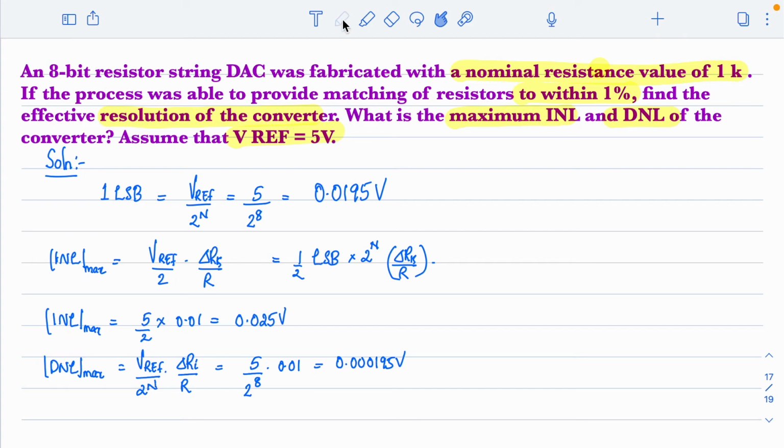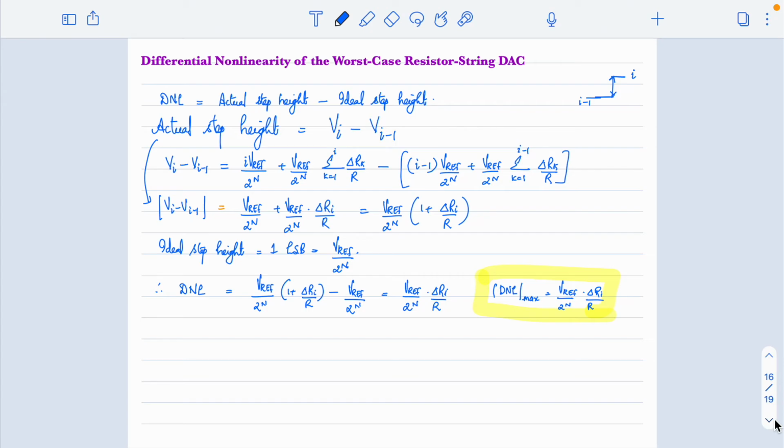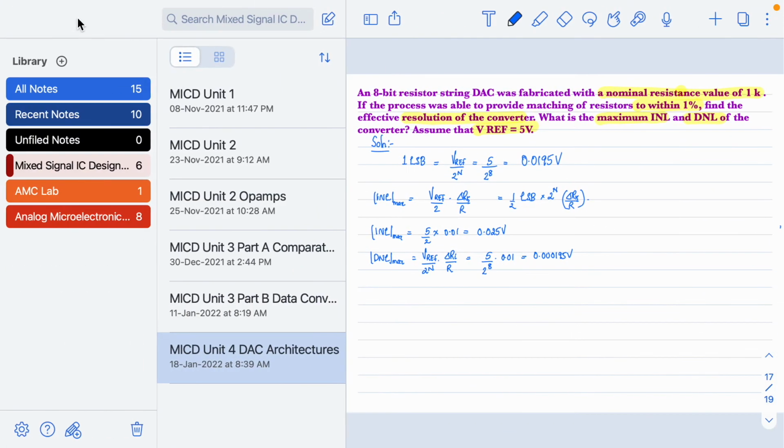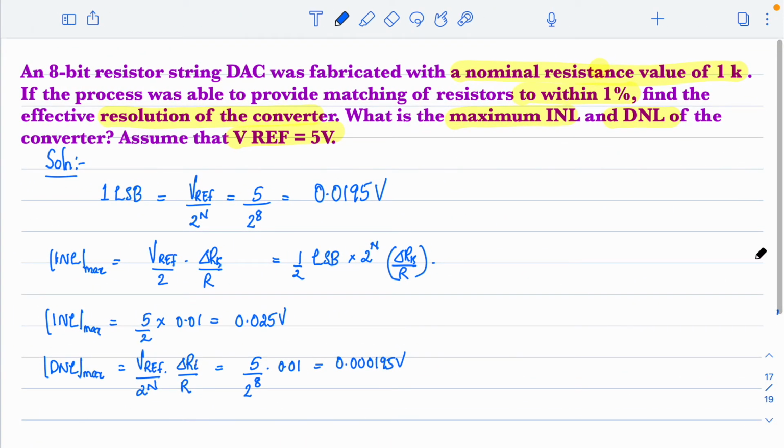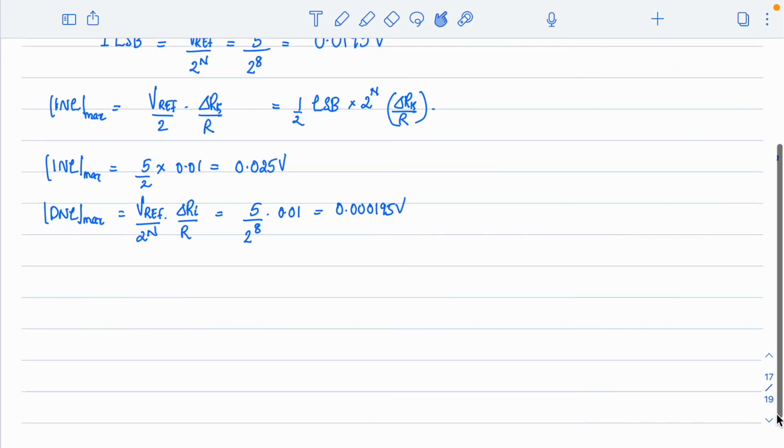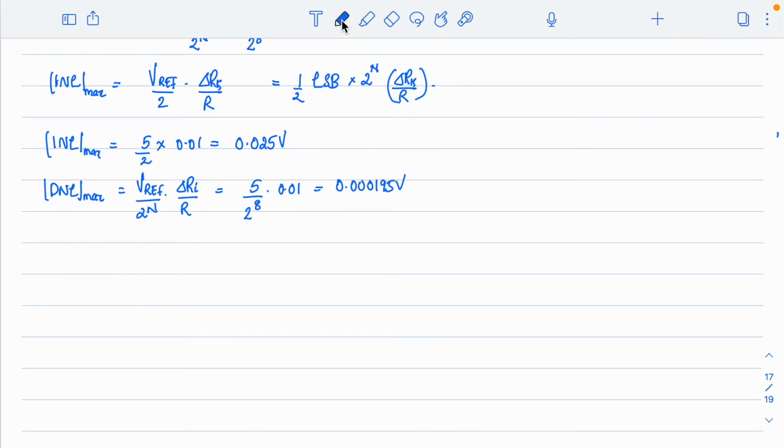So, give me a minute. Yeah, so now we will find the effective resolution based on the INL value. We have the INL result here, and we also understand that INL is actually the limiting factor in the case of a resistor string DAC.